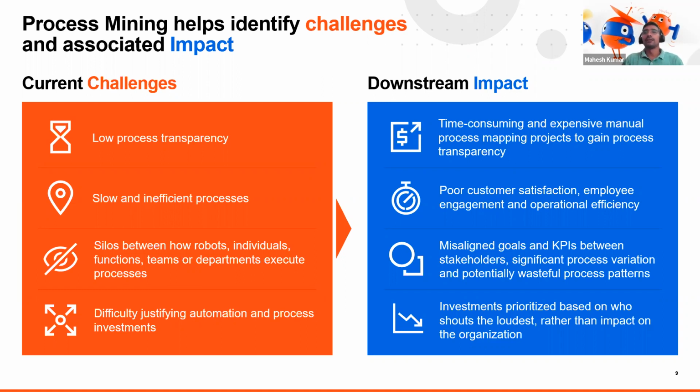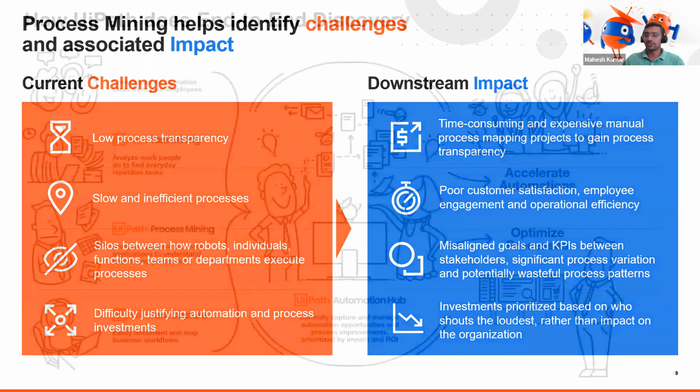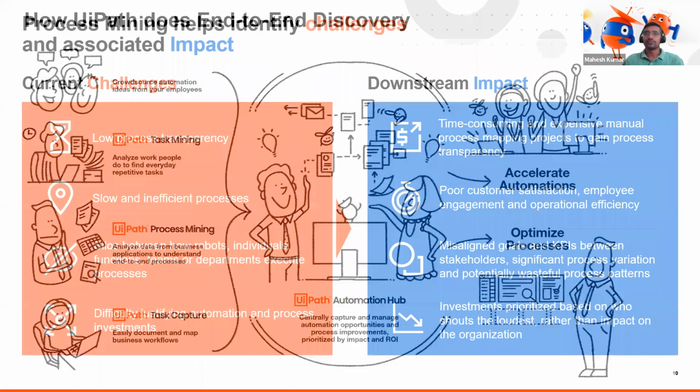With process mining, because it takes data from your ERP and CRM systems and then generates these graphs, we have these facts and figures from the system. We can map our gut feeling with this real data, and then we can say, okay, this is really the automation candidate, and these are the processes we cannot automate.